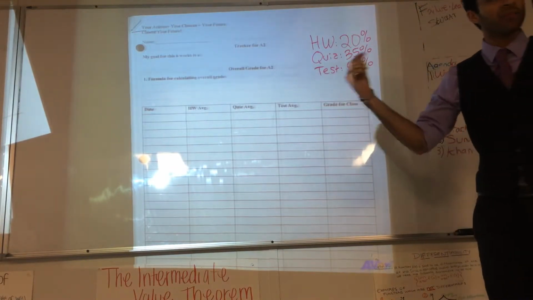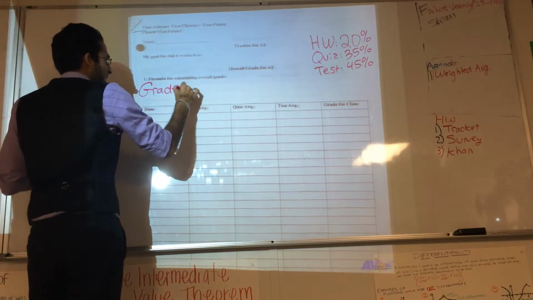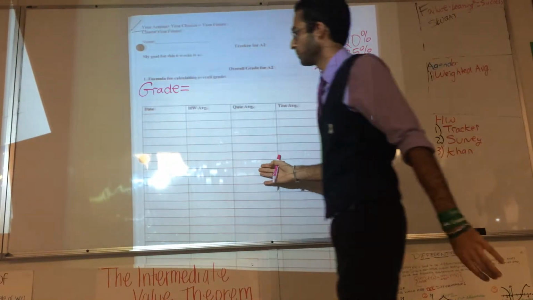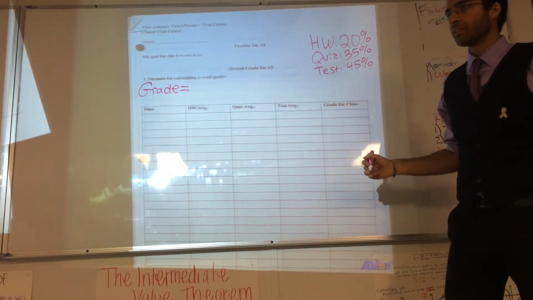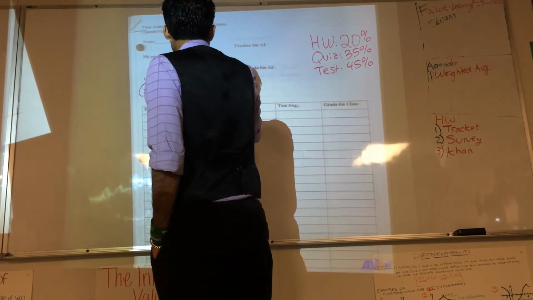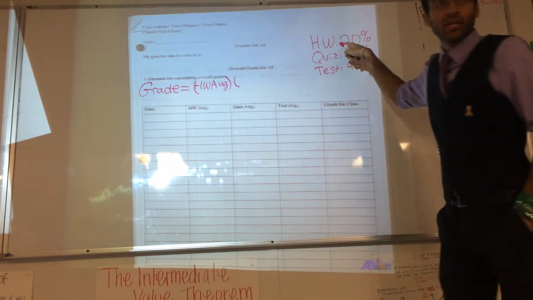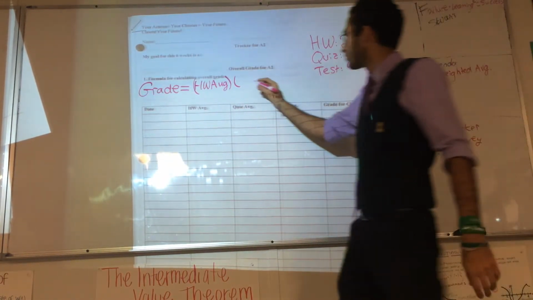So the formula for calculating the average is the following. Your grade in the class, you're going to want to write this down, equals the homework average times 0.2, because homework is 20% of the total.